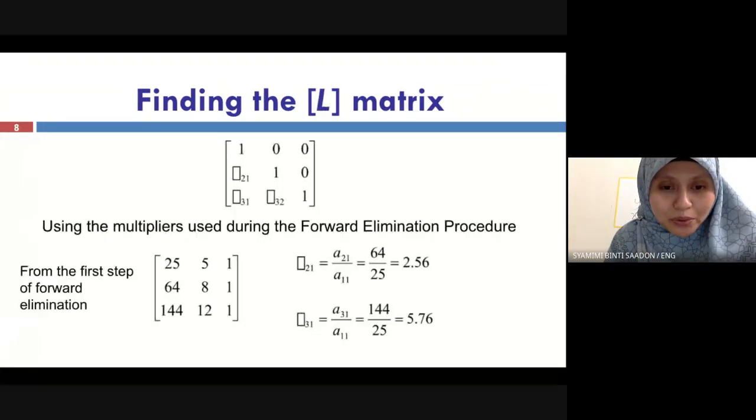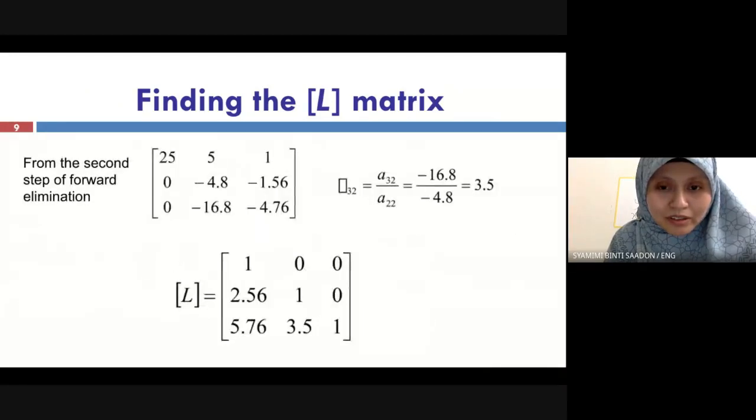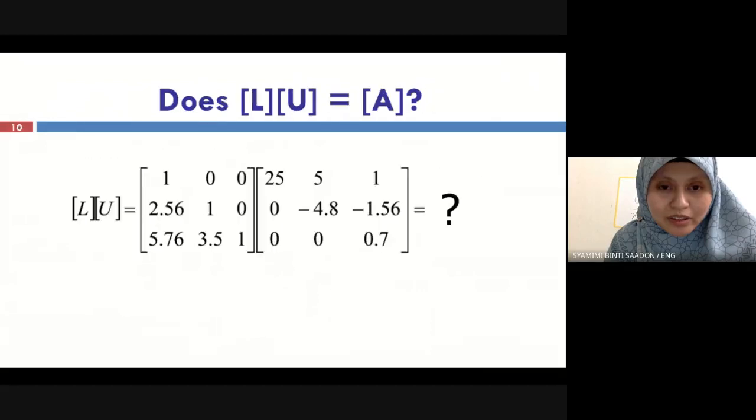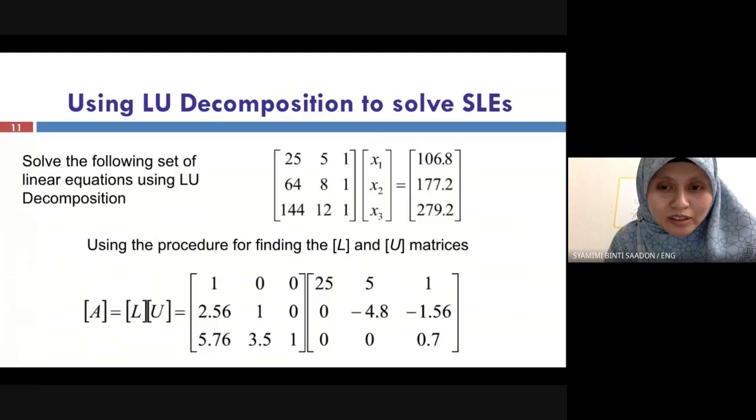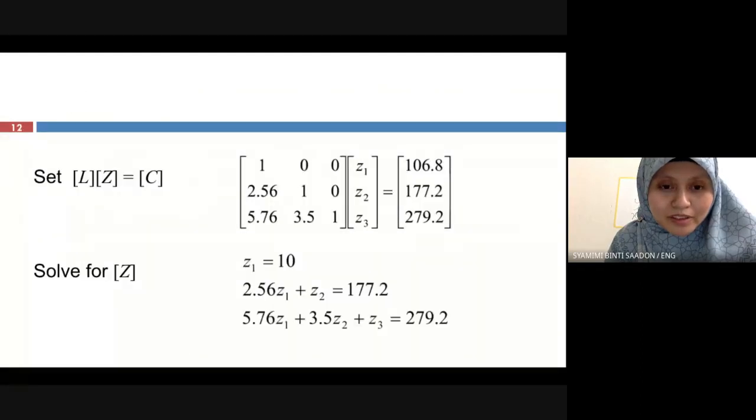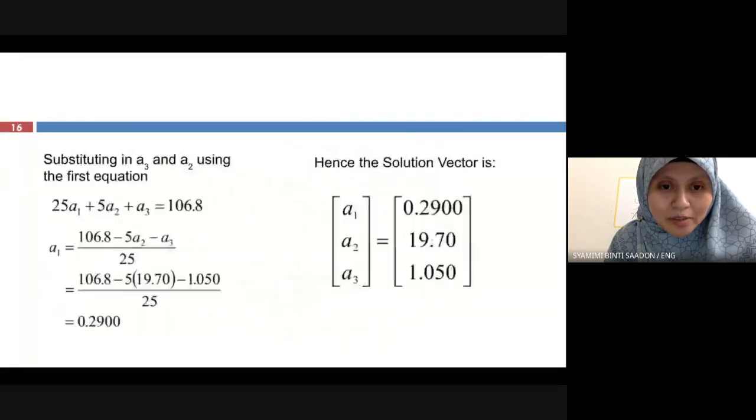So you get U just now. This was the example given just now. For L, we will use the coefficients that we get. And then we get LU. So that was the step.